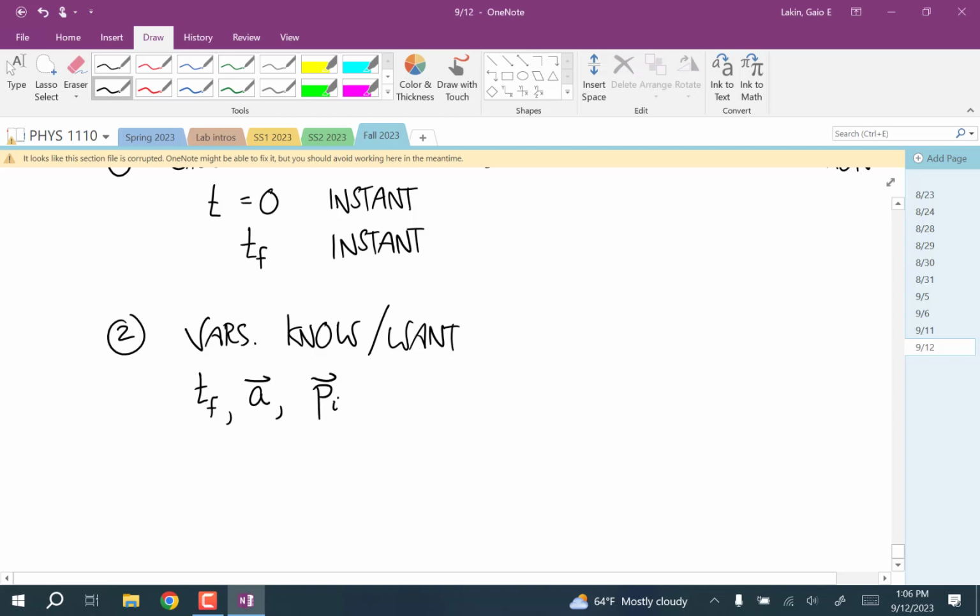PI, again, that's an x and a y component. PF, VI, and VF. TF is just a single variable. Each of the other ones is two variables, an X and a Y component. So that's 2, 4, 6, 8, 10, 11 total variables.